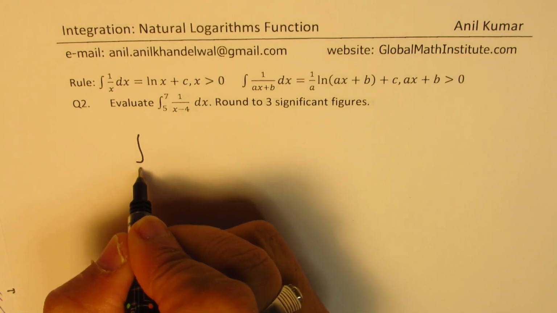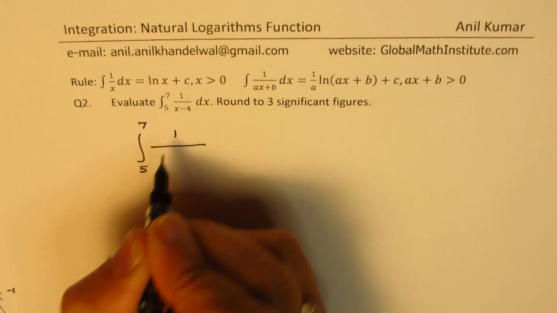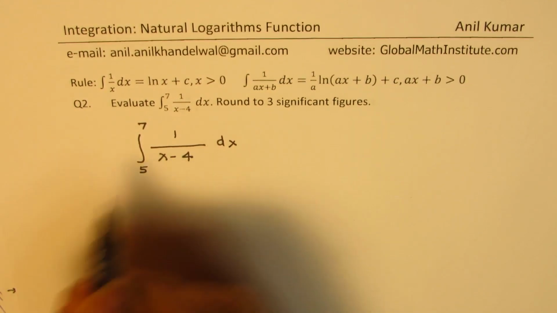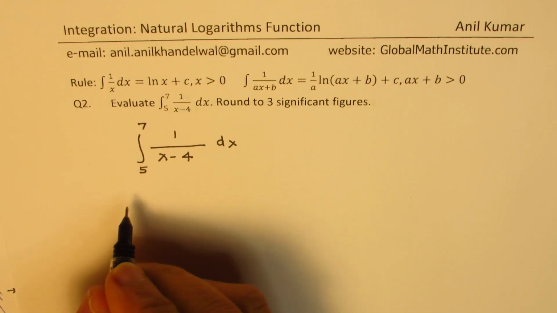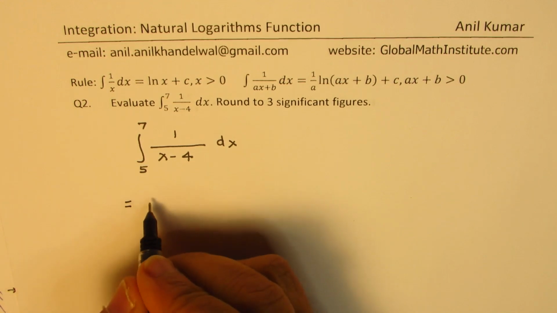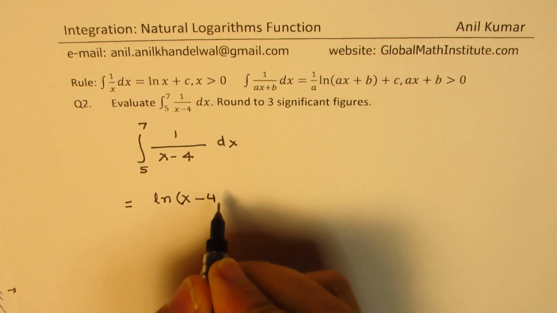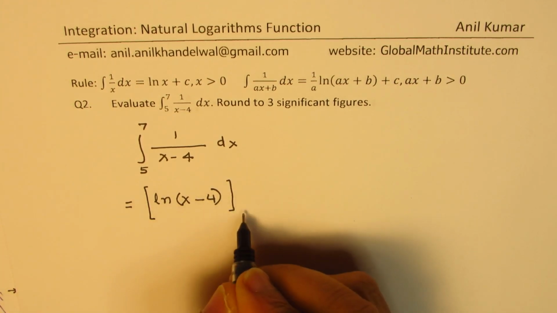So we need to evaluate the definite integral from 5 to 7 of 1 over x minus 4 dx. Using this formula itself, where a is 1, what we get here is ln |x minus 4|, and the value is from 5 to 7.